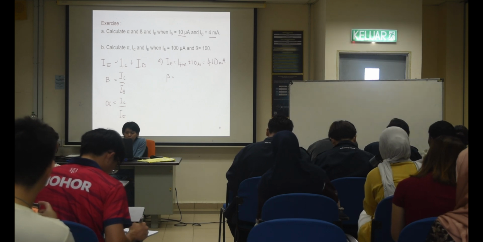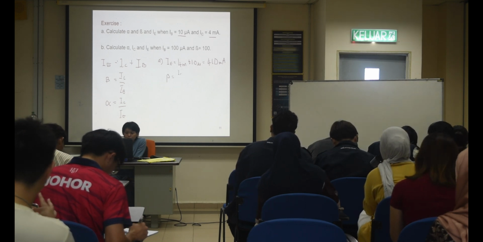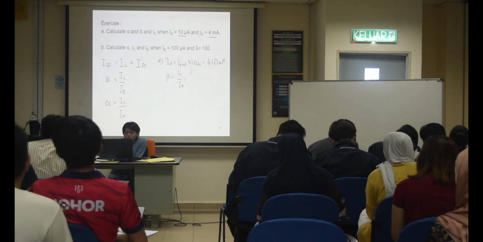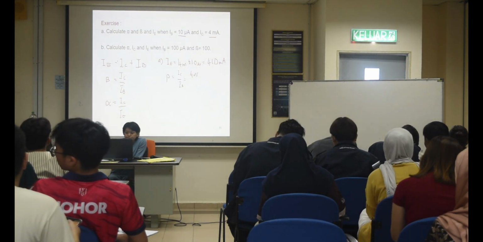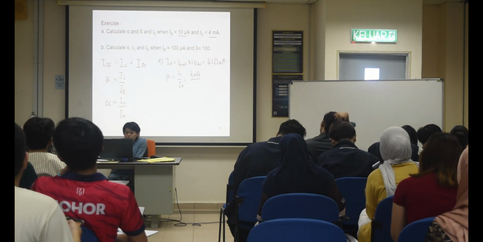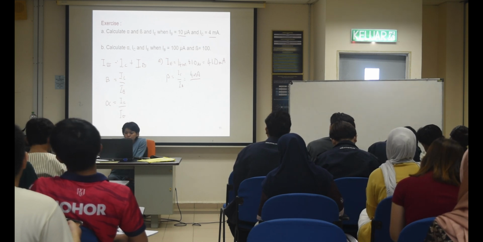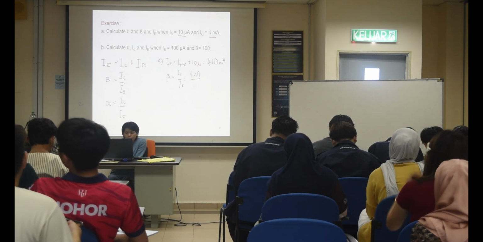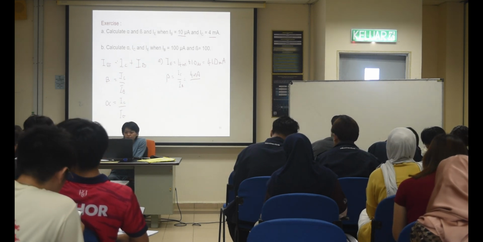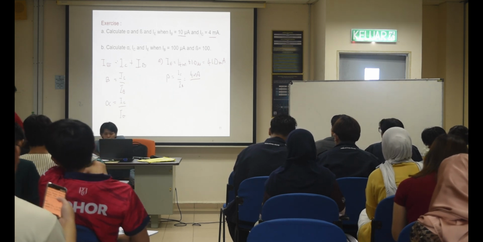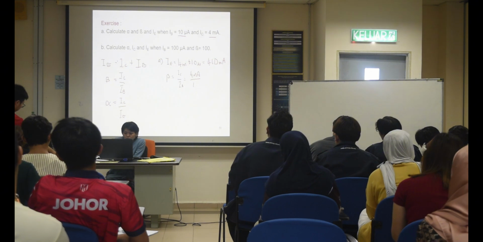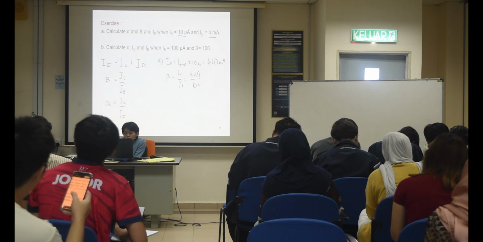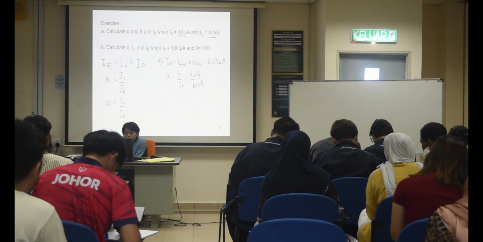Then beta equals to IC divided by IB. IC is how much? IC is 4 milliampere. Divided by IB, which is 10.